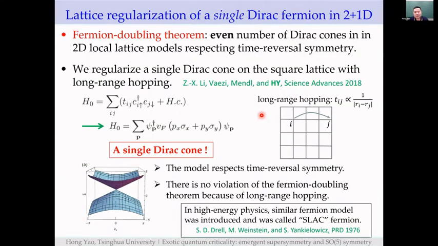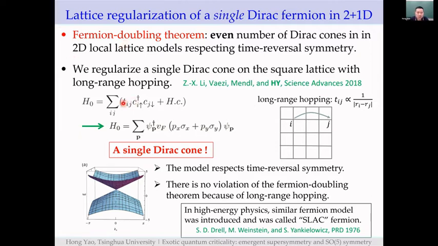We know that there is a fermion-doubling theorem, namely the number of Dirac cones in a two-dimensional local lattice model has to be even if the model respects time reversal symmetry. So in order to regularize a single Dirac cone in a two-dimensional lattice model, we use this kind of approach: we consider a two-dimensional lattice model with long-range hopping.